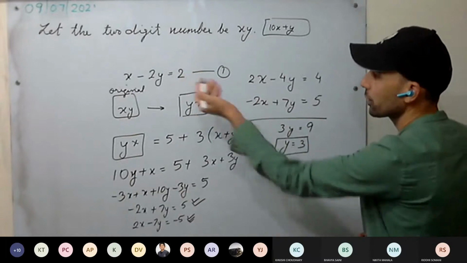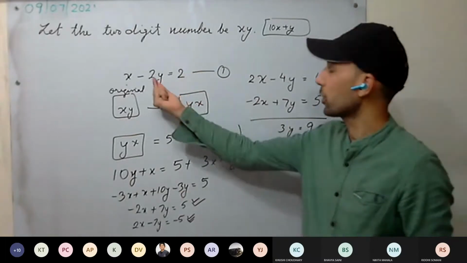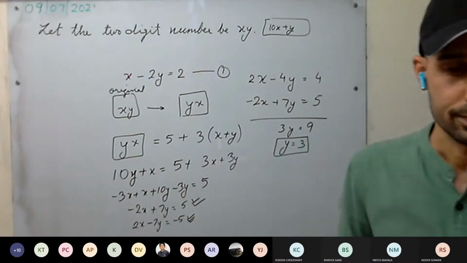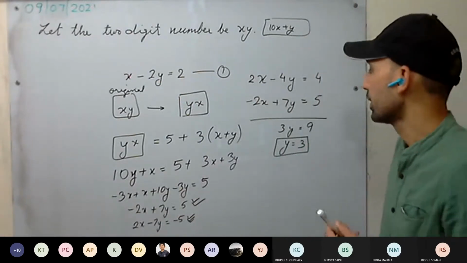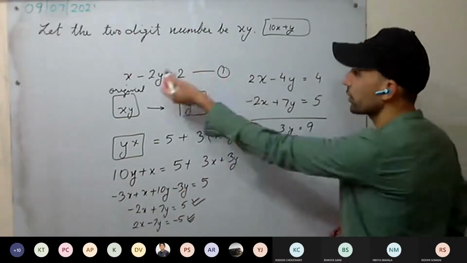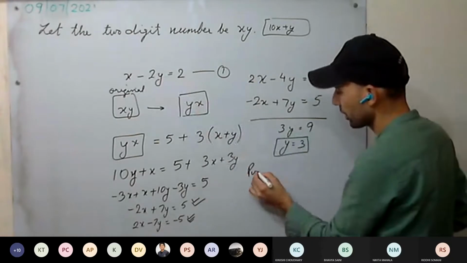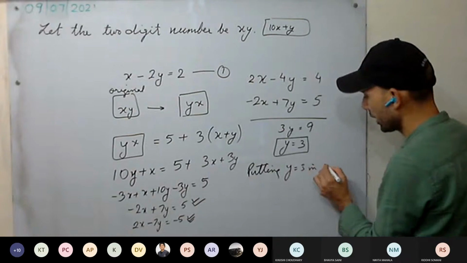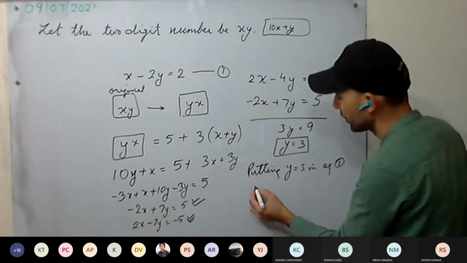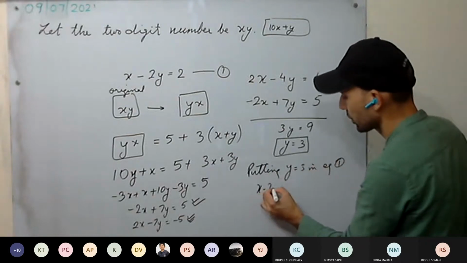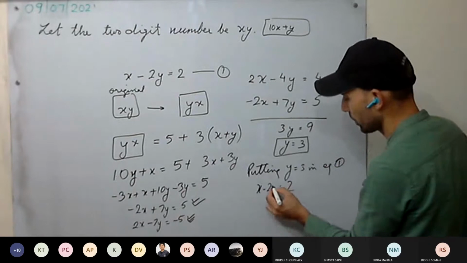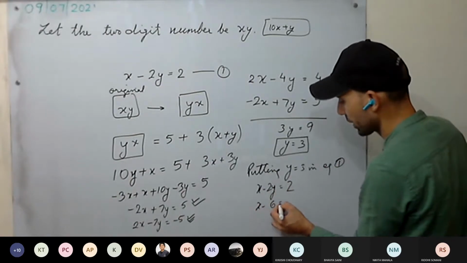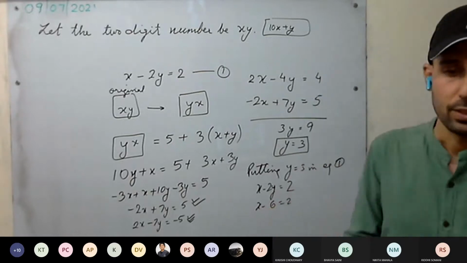X you can calculate from there. Putting y equal to 3 in first equation, x minus 2y equal to 2. So x minus 2 into 3, 6 equal to 2, x equal to 8.